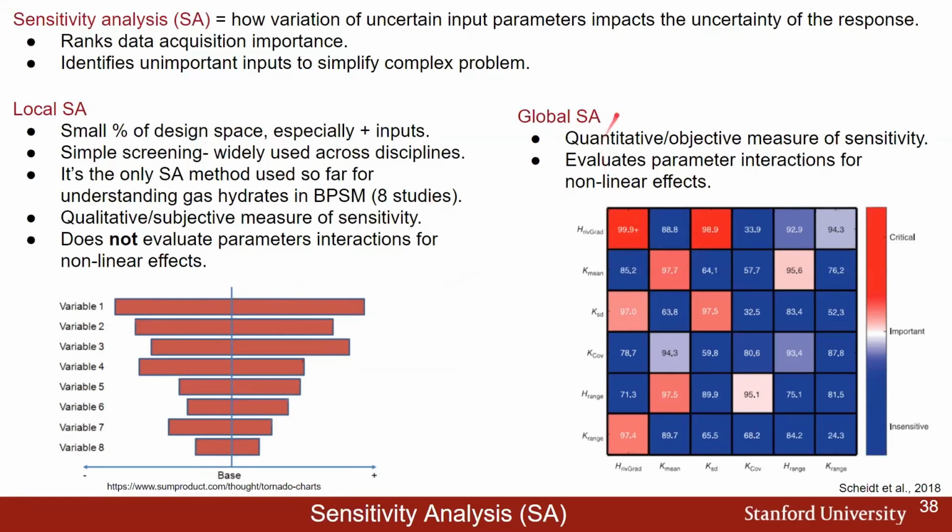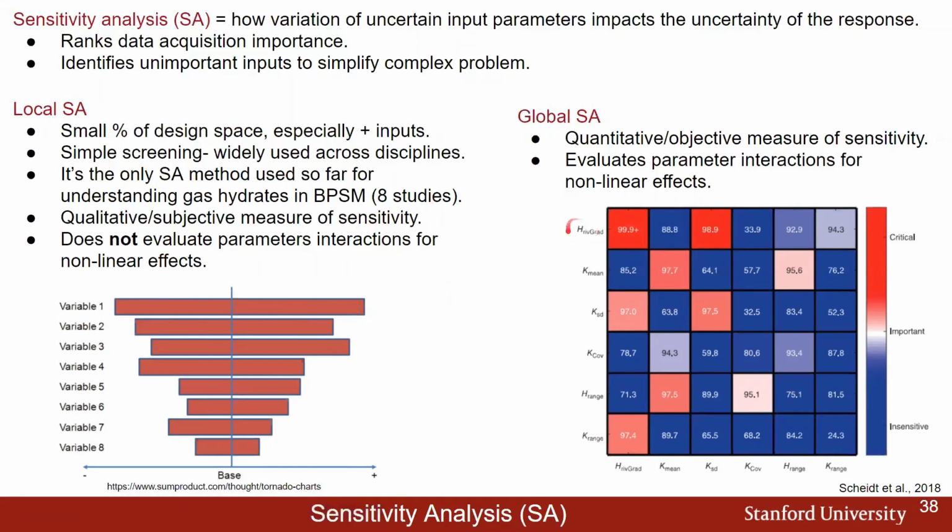Global sensitivity analysis, which we also use in this manuscript or project, is quantitative and an objective measure of sensitivity. And it evaluates parameter interactions for nonlinear effects. What I show here is a heat map, and in the diagonal, you can see the sensitivities of the actual inputs plotted against themselves.